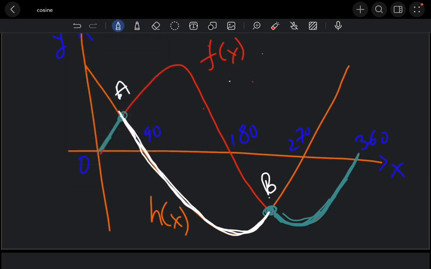So for the points in which h of x is greater than f of x, we look at these points, because this is over this graph now at this point. So from 0 to a, and from b upwards, h of x is higher than f of x, and you're going to write them down once you know the values.